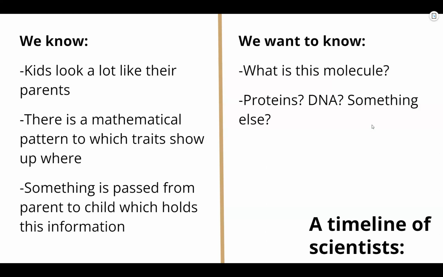What is it that is passed from parent to offspring that holds all of this information? The two main contenders were DNA or proteins. Is it DNA, proteins, or something else that holds this information, that tells us genetically what traits show up where?